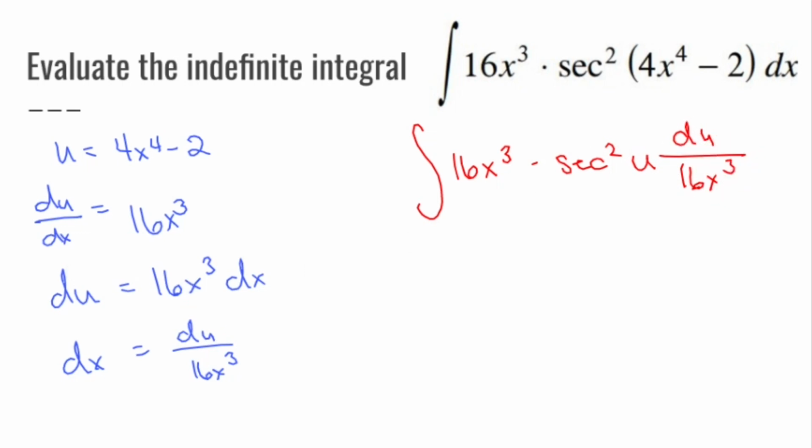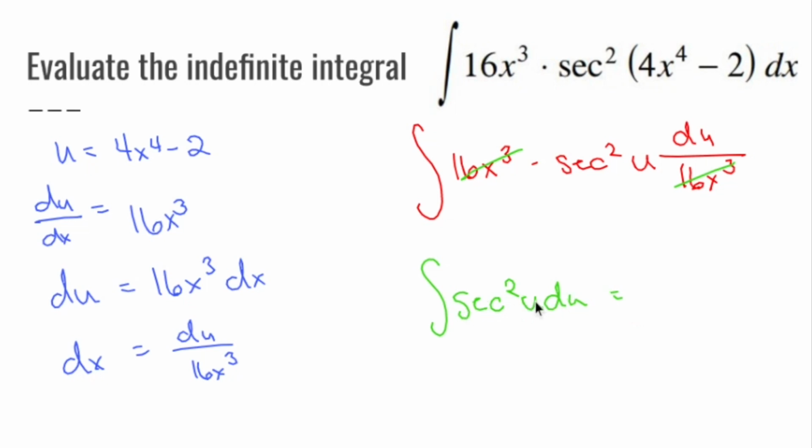Good things happen because the 16x cubed and the 16x cubed goes away. If you're doing integration by substitution, if you are trying to get u in here, all the x's have to disappear. If that doesn't happen, you did something wrong. You selected the wrong u. So now I have the integral of just regular old secant squared u du, no attachments.